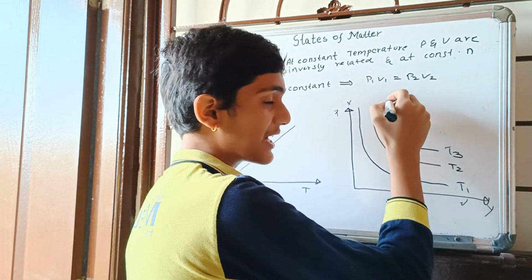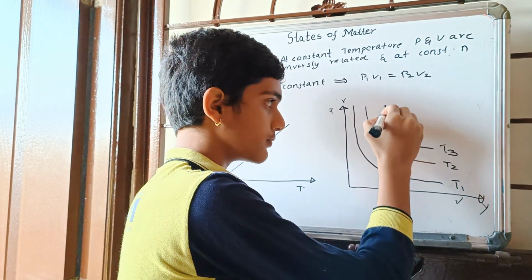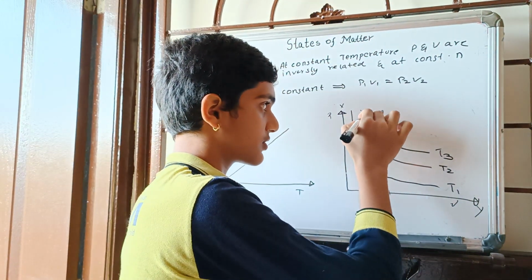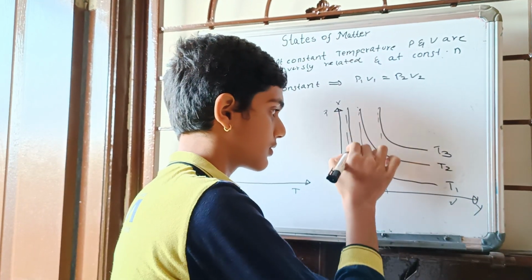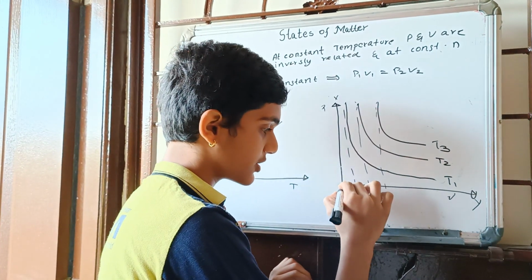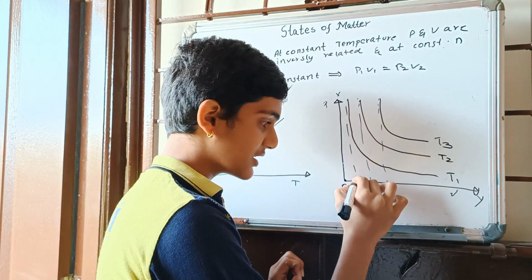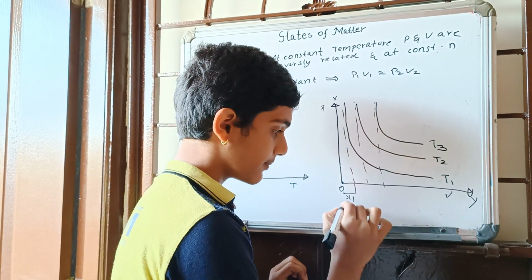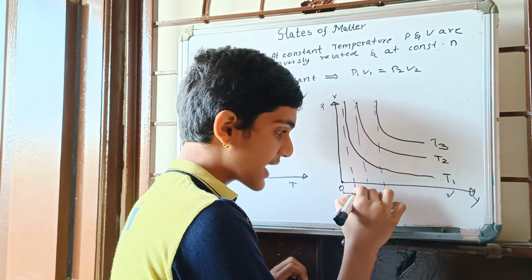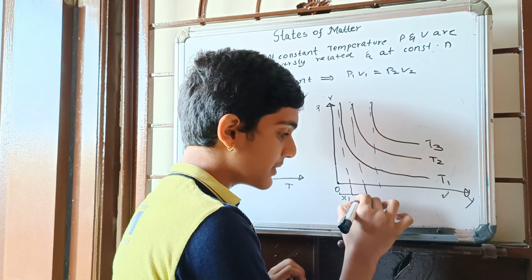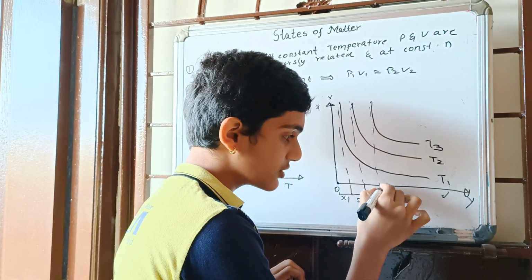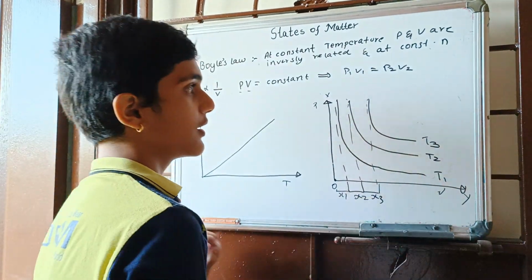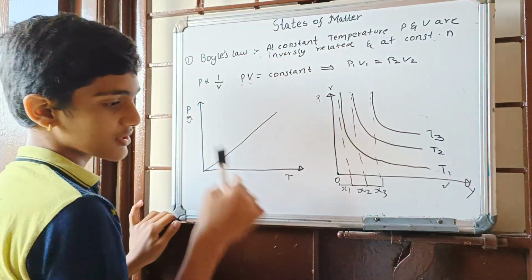Now, here first, let's go step by step. See, at the peak points, draw like this first. Now let this be origin O, and let this distance from origin to here be x1. And from this point x1 to here, let this be x2, and from here to this, let this be x3. Now I'm erasing this graph.